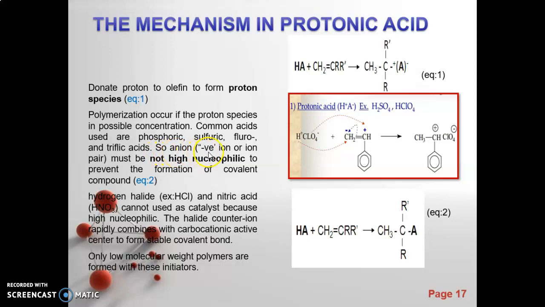An ion, which is a negative ion or ion pair, must be highly nucleophilic to prevent the formation of covalent compound. Okay, so the halide counter ion rapidly combines with carbocation active center. So it will form stable covalent bond. So carbocation active center ni yang ni lah kita panggil carbocation active center. Only low molecular weight polymers are formed with these initiators.